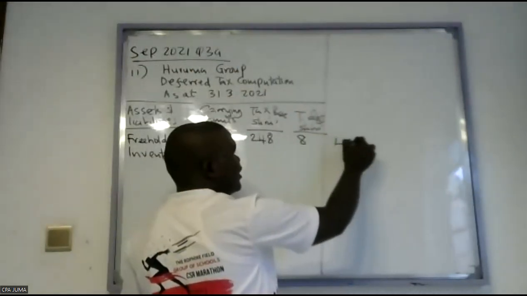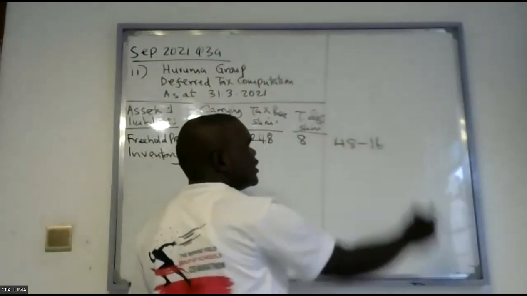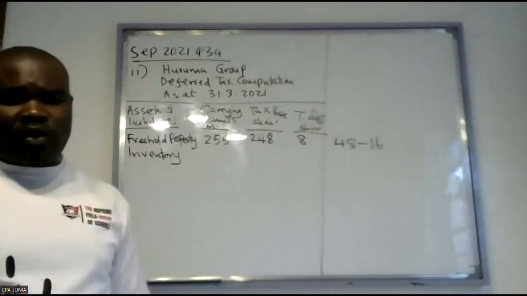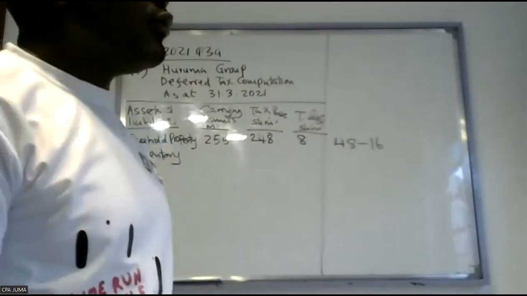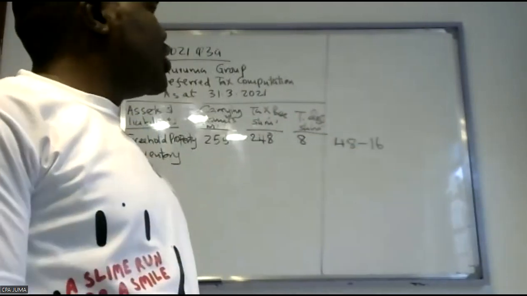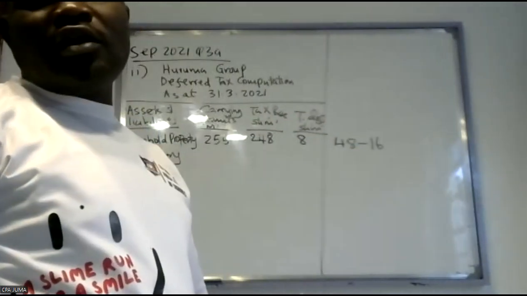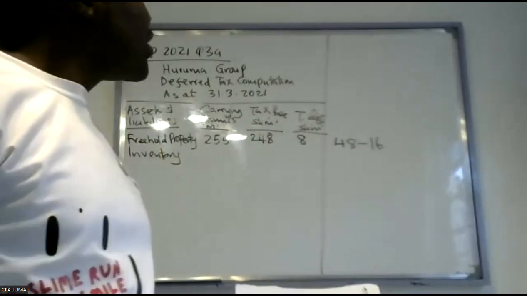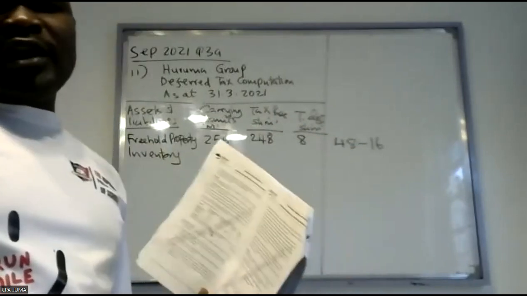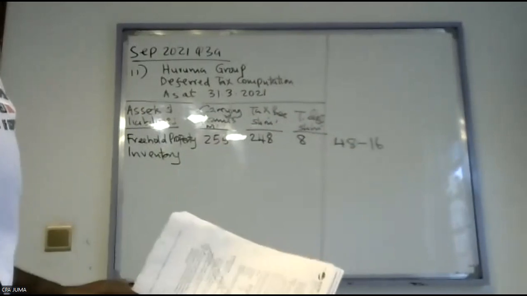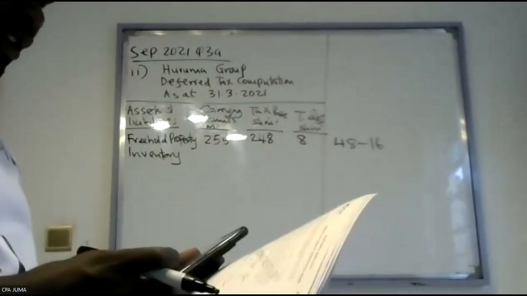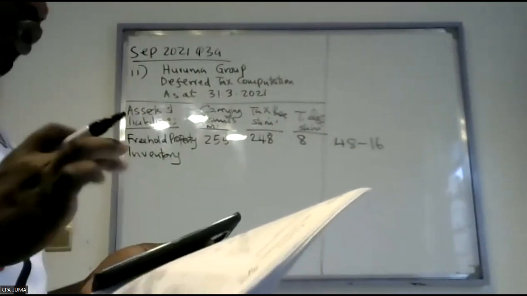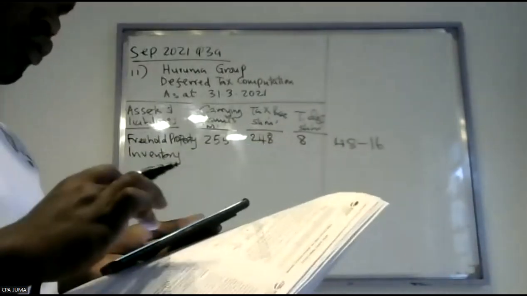They sold at 48 at a profit of 16. We are not supposed to record stock profit inclusive. So you will take 48 minus 16. Is it minus 16 or minus 32? Which one are we doing?